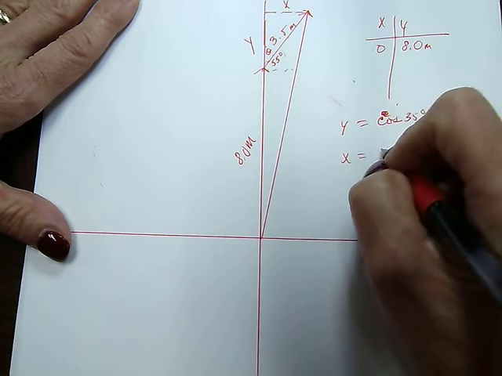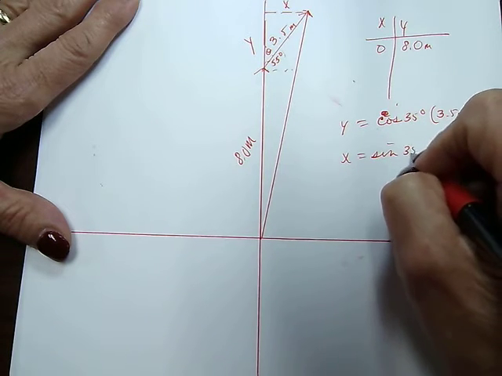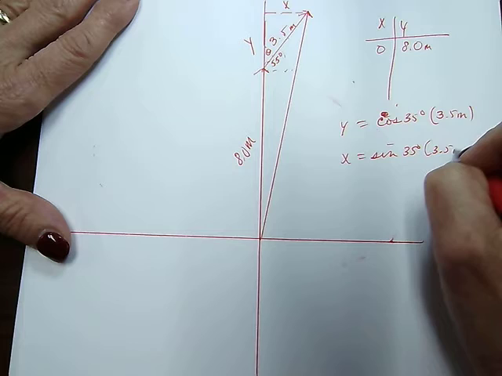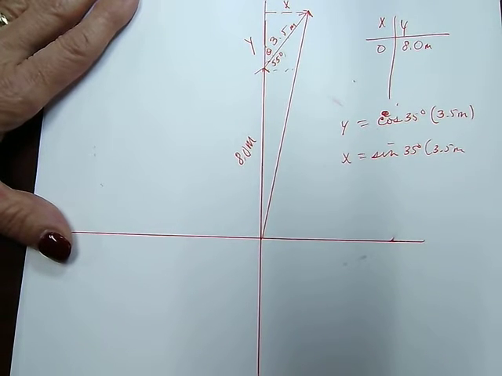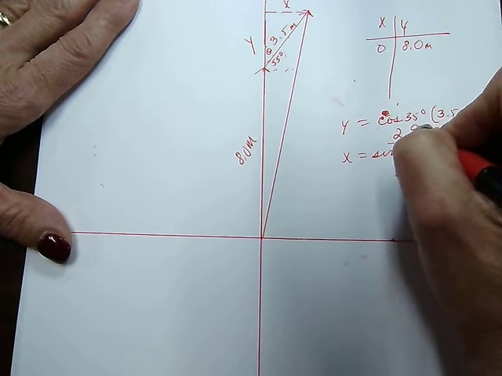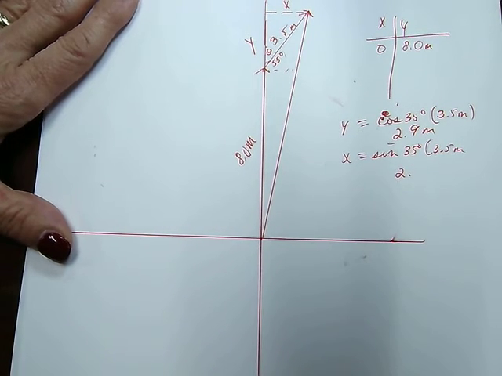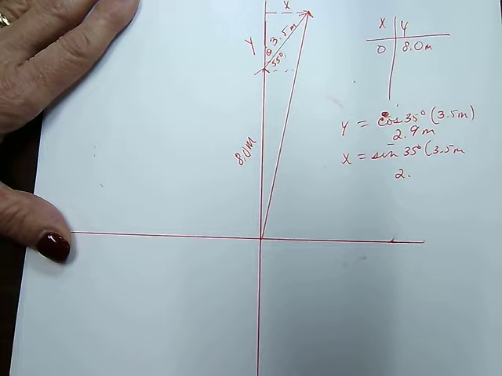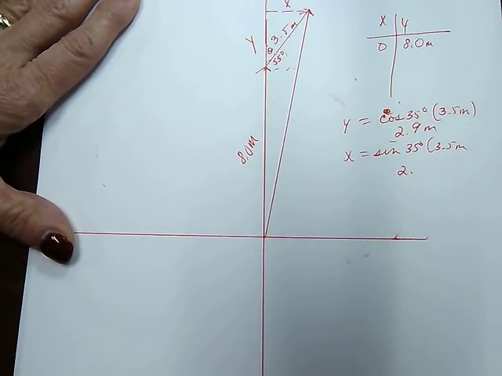And my x value is going to be the sine of 35 degrees times my hypotenuse. I'm going to say 2.9 meters, and it's 2.